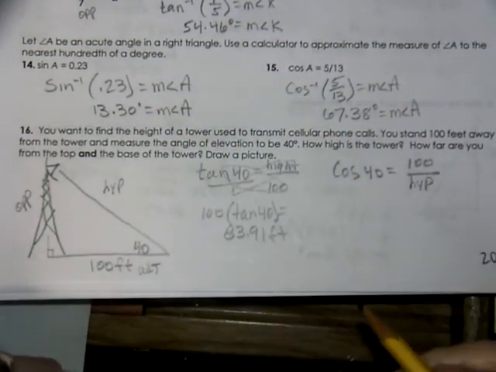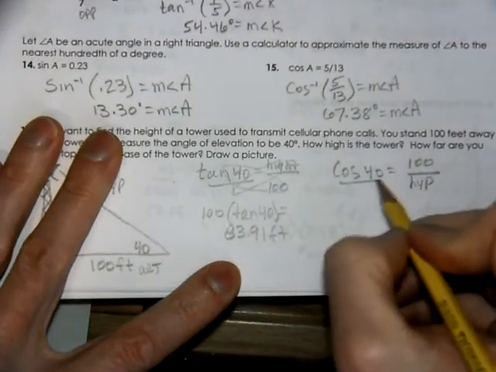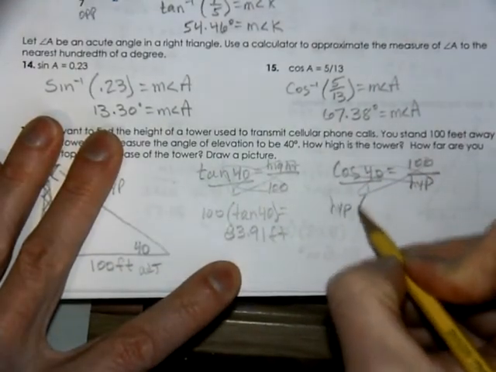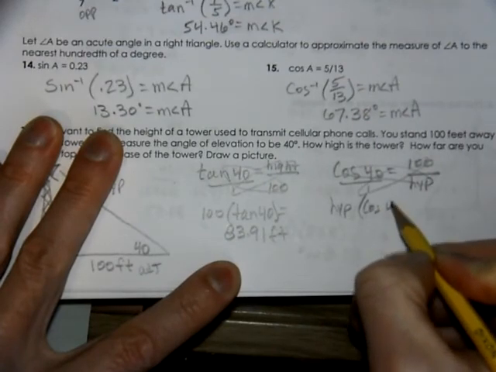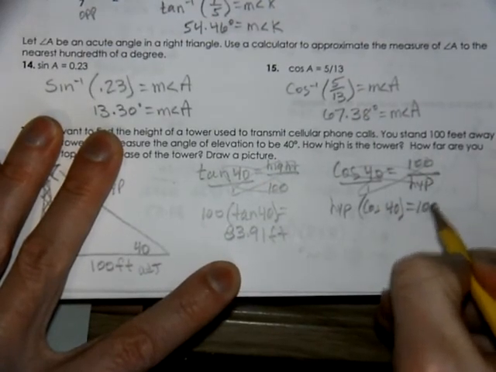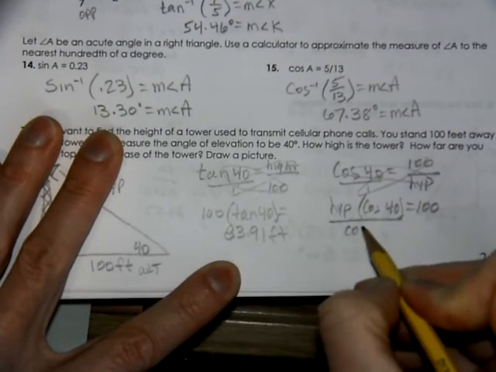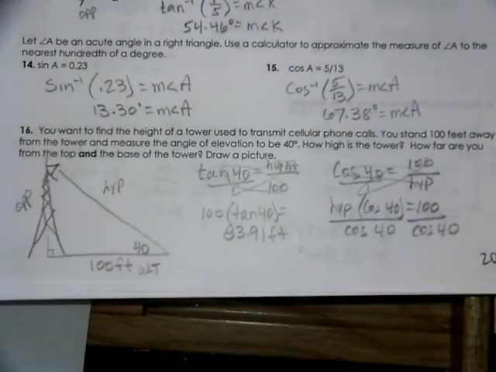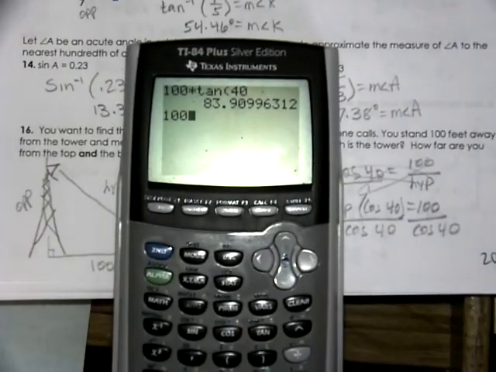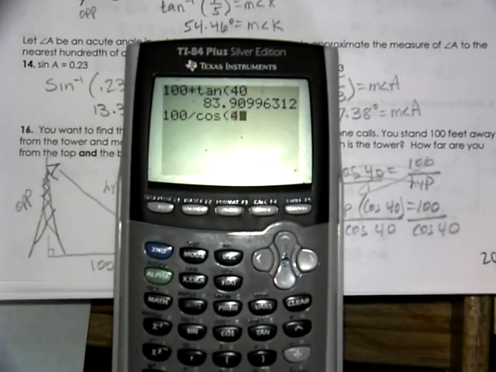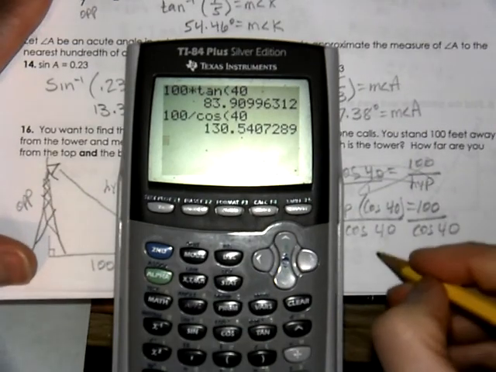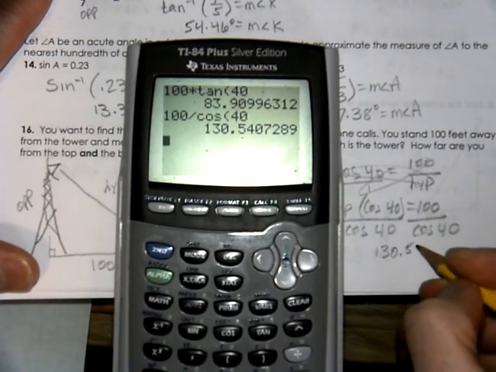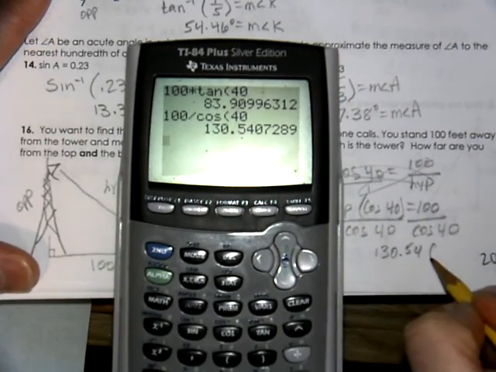That's the side we're trying to find. So the hypotenuse times the cosine of 40 equals 100. We're going to divide by the cosine of 40. So we get 100 divided by the cosine of 40. Comes out to be 130.54. Those are feet.